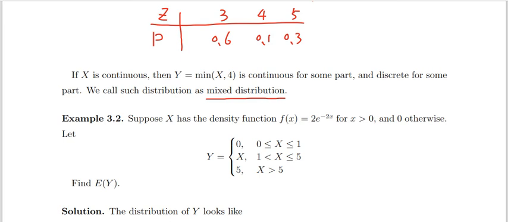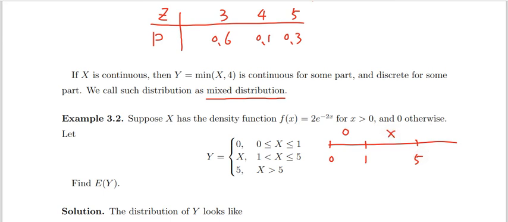We know x, and x ranges larger than 0. The definition of y: if x is between 0 to 1, y is 0. If between 1 to 5, y just equals x.